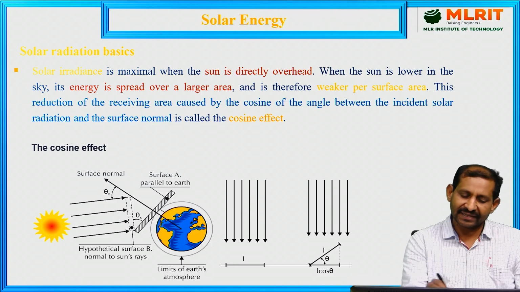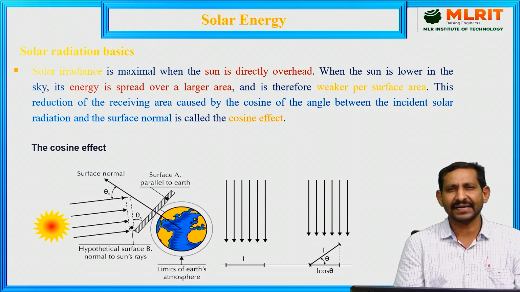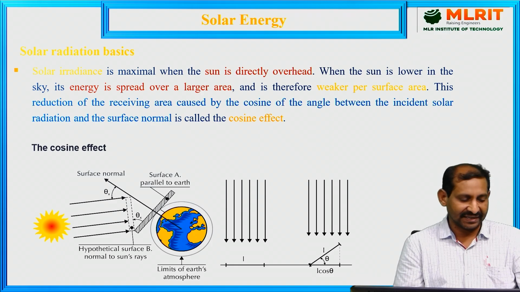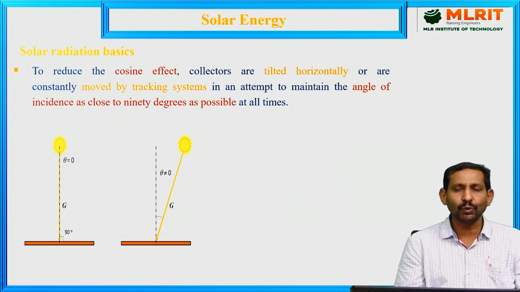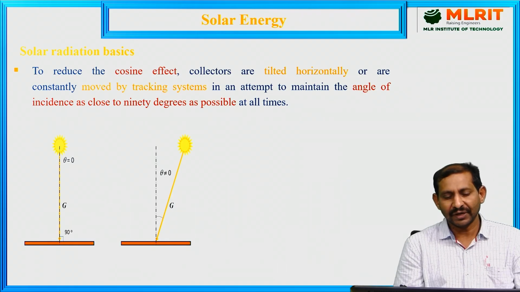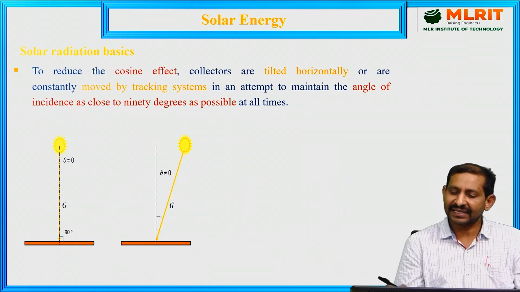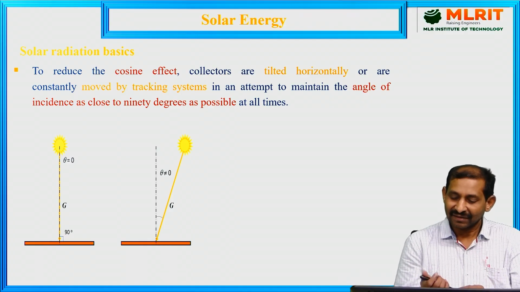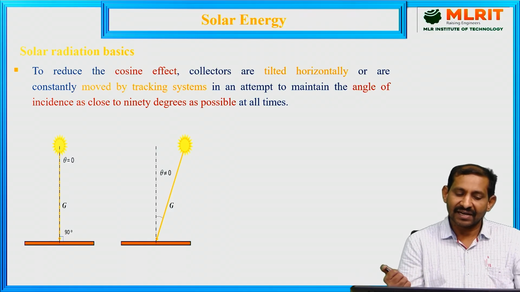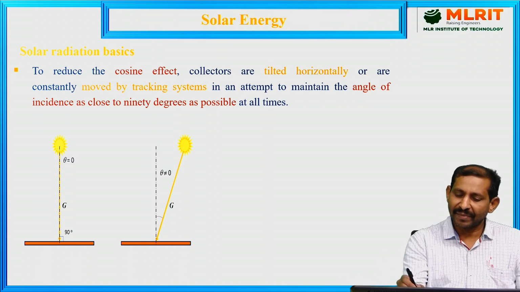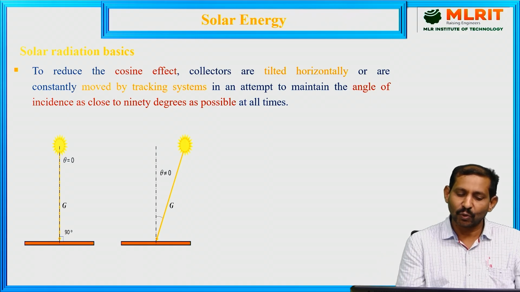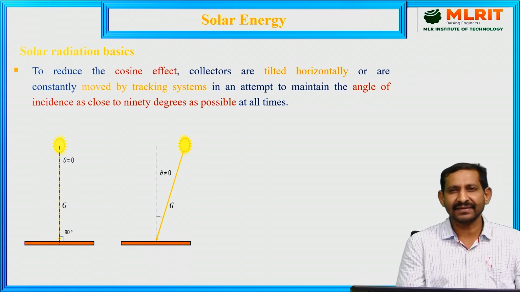Here, this diagram represents the cosine effect. Now coming to how to reduce the cosine effect. To reduce the cosine effect, the collectors are tilted horizontally or constantly moved by tracking systems. Those attempt to maintain the angle of incidence as close to 90 degrees as possible.